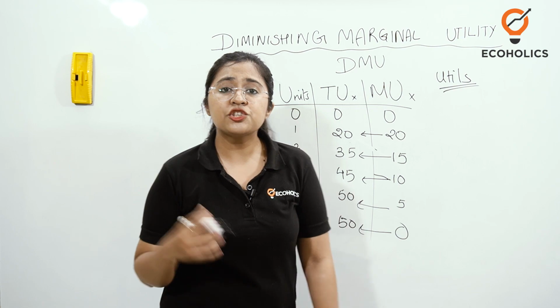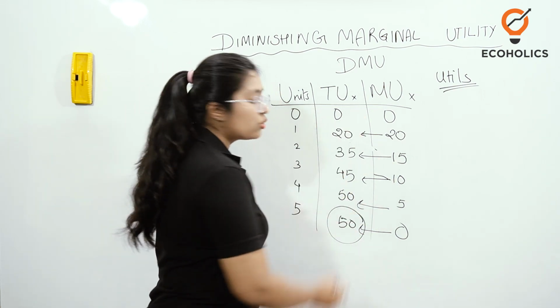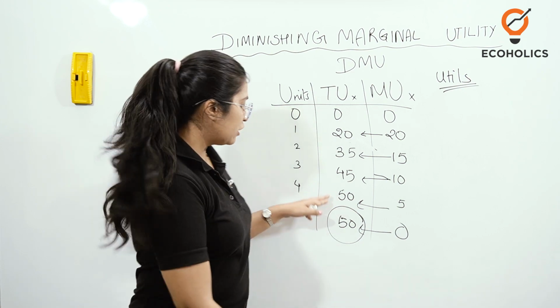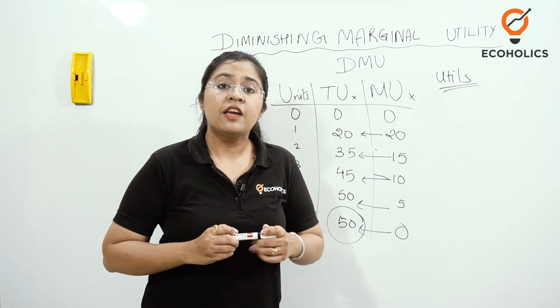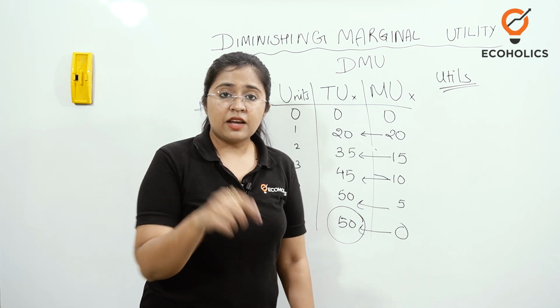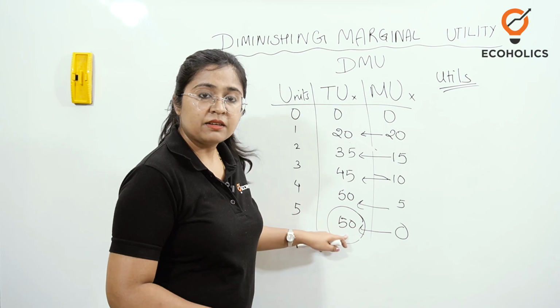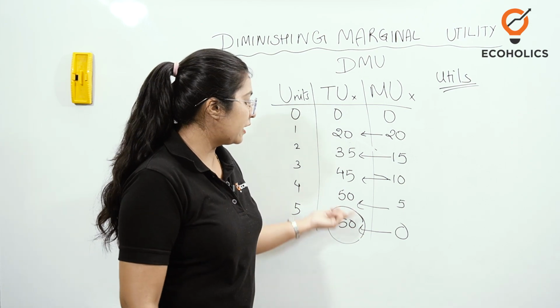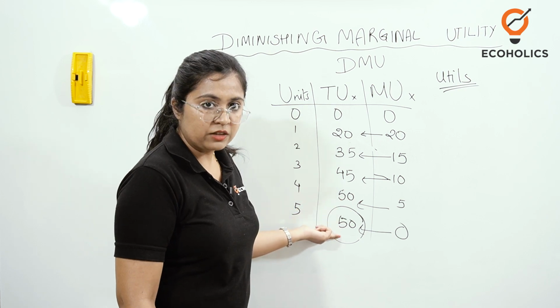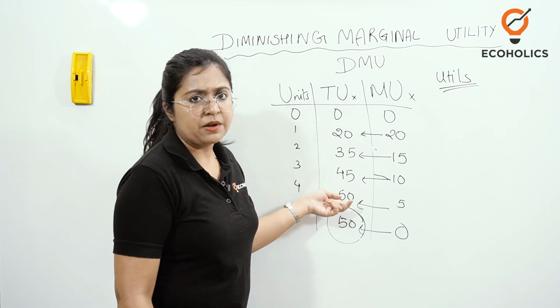Now if you look at the schedule clearly, you would see that when we are at the highest total utility, of course 50 over here and 50 over here, we always take the total utility where the digit has replicated itself. Which means when you get the same total utility twice, we normally take the second one. Now, what is the reason why we take the second one, not the first one?